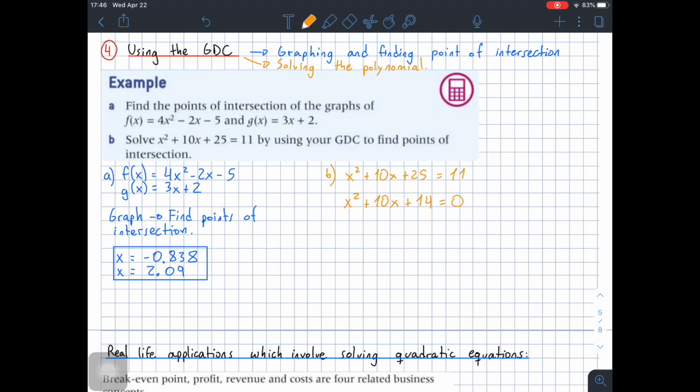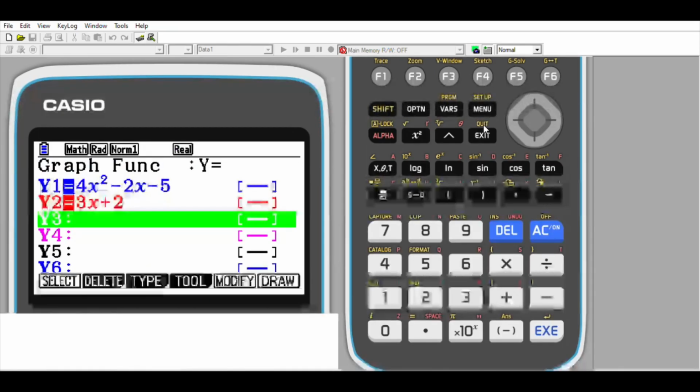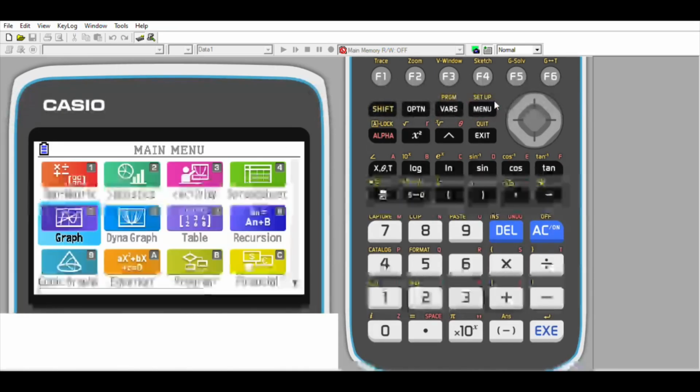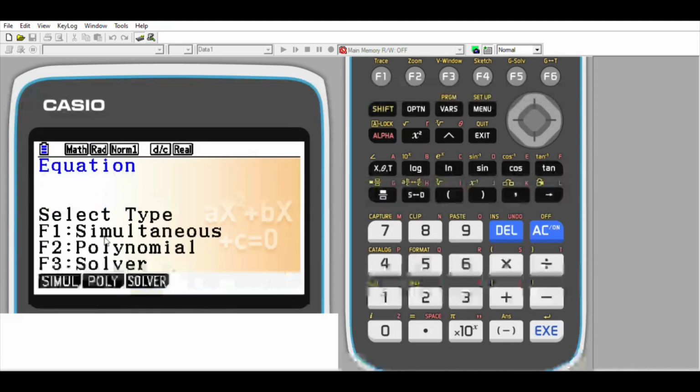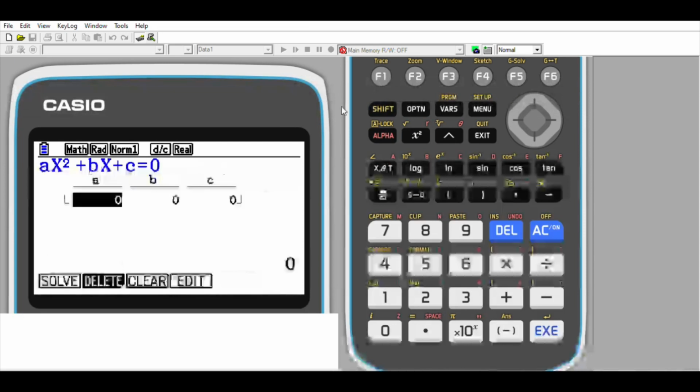And then, let me show you this in the calculator. If you see the calculator now, let me go back to the menu. If we go to menu, equation, this one over here, you click execute. And then here you have the option for polynomial, right? So click on F2, degree, as we're talking about quadratic equations, we're going to put degree 2, F1, and then you plug in the coefficients of the equation.